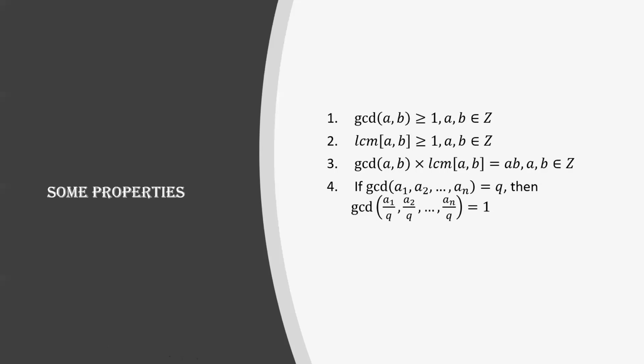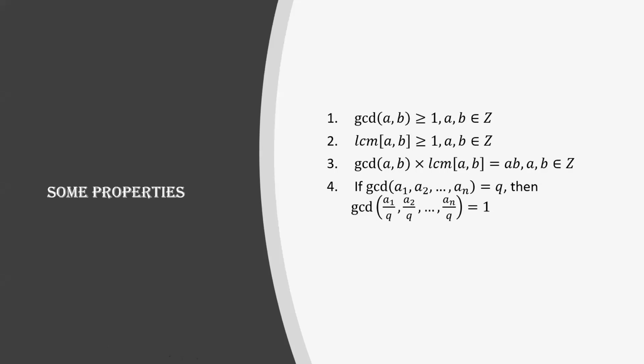I haven't stated this yet. Let me state it, then you can prove it. Skanda, are you trying to prove the fourth property? Yes. So the fourth property states that let the GCD of A1, A2, up to An be Q. Then the greatest common divisor of A1 over Q, A2 over Q, up to An over Q is equal to 1.